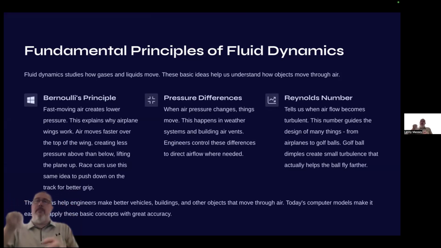Well, because of the shape of the wing, the air has to travel a greater distance in the same amount of time over the top of the wing than the bottom of the wing. And if we think about speed, speed is distance divided by time. So if it has to follow a greater distance, then it's moving faster. And when air moves faster, that creates less pressure, and there's more pressure underneath the wing, causing the airplane to go up. Like I said, we'll get into a lot more detail with that.